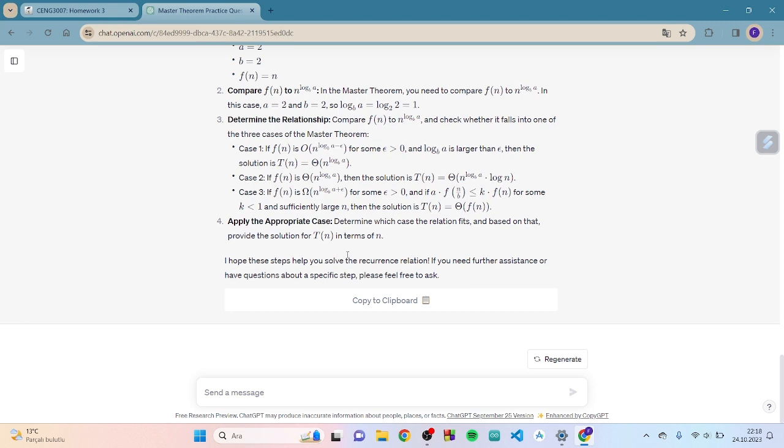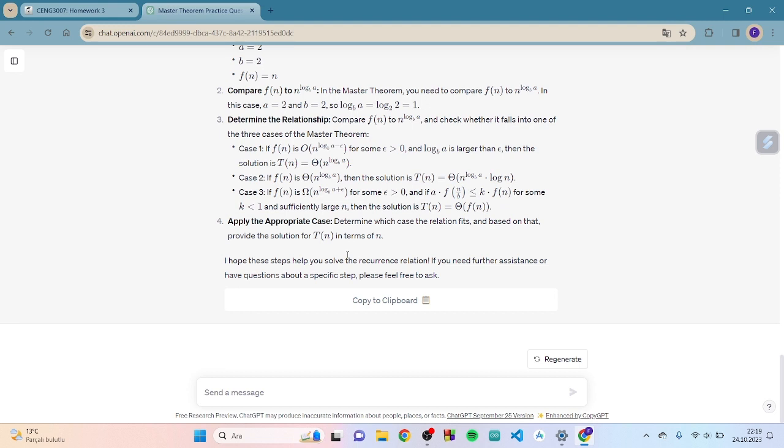I think now, to solve the given recurrence relation T(n) = 2T(n/2) + n, we can use the master theorem, which is a common method for solving recurrence relations of this form. The master theorem provides a simple and effective way to determine the time complexity of divide and conquer algorithms.